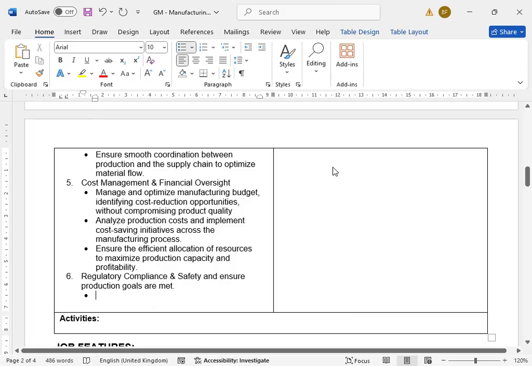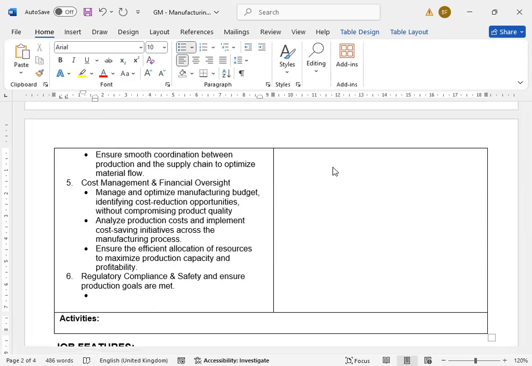Anyway, so for the last key performance, or areas of responsibility rather, what I'm going to do is ensure all food manufacturing operations comply.